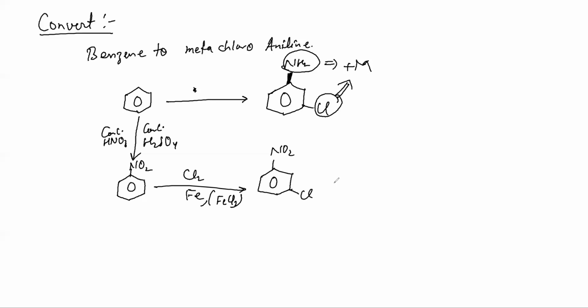Meta. Yes. Now, we don't want NO2, we want NH2. What should we do? Reduction. You can use Sn/HCl, or if you want, you can use H2/Pd also, no problem. So the product will be meta chloro aniline. See, we've done the conversion. Clear?